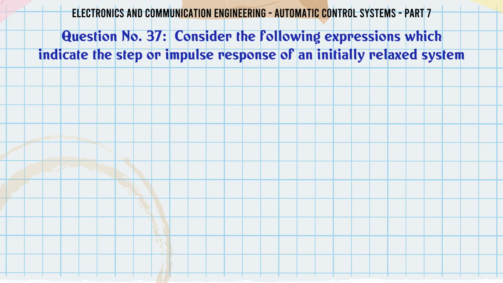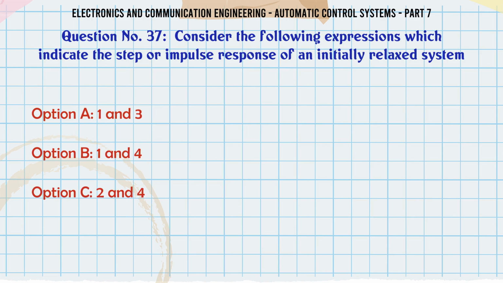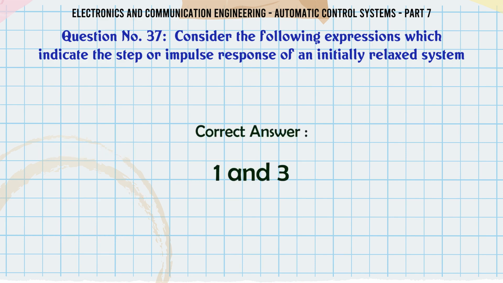Consider the following expressions which indicate the step or impulse response of an initially relaxed system. A. 1 and 3, B. 1 and 4, C. 2 and 4, D. 2 and 3. The correct answer is 1 and 3.